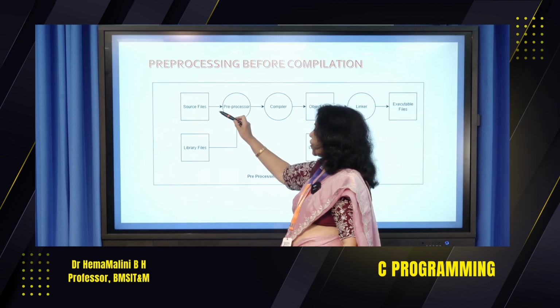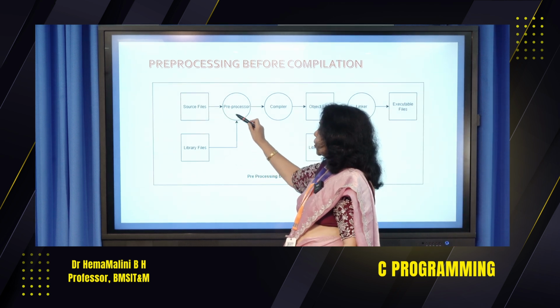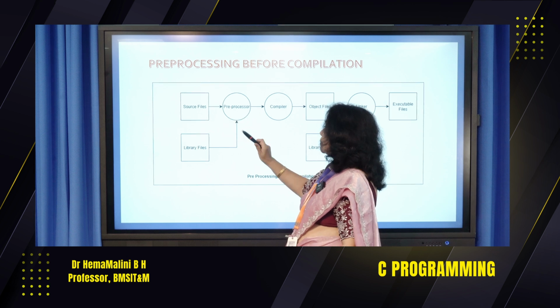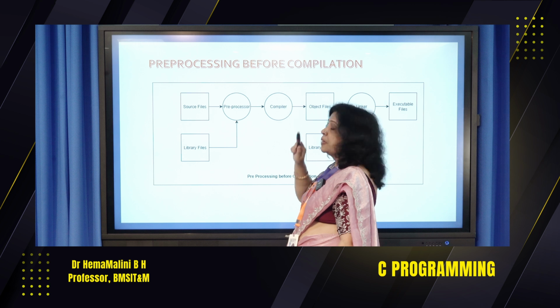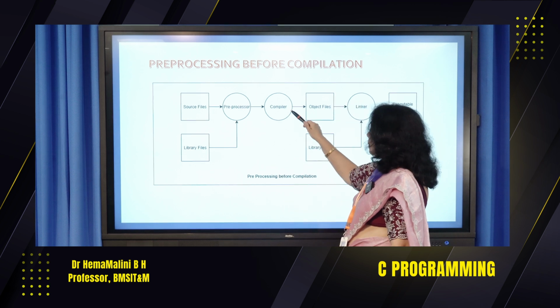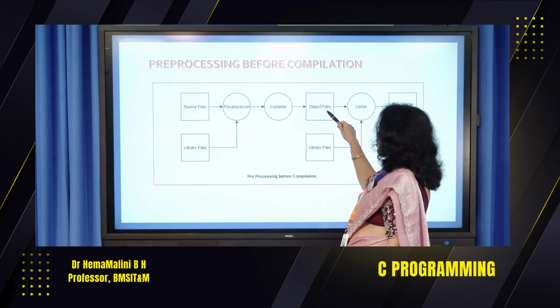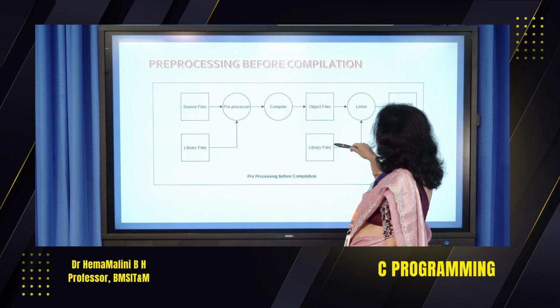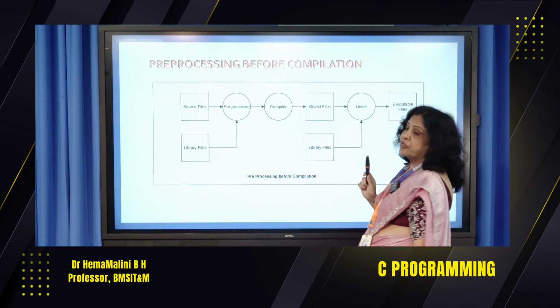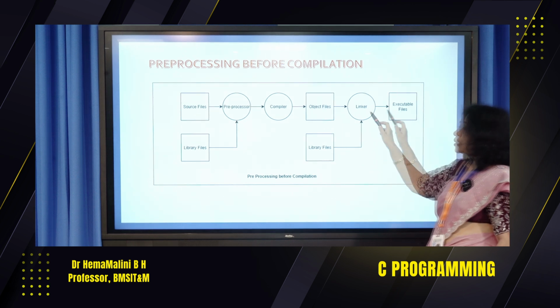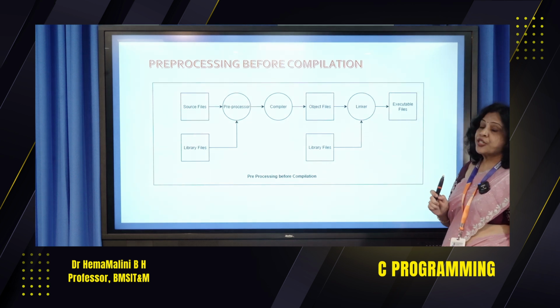We have source files and library files, and both are given to the preprocessor. The output of this is given to the compiler. The compiler creates the object files. These object files along with the library files are given to the linker, whose output is given to the executable files.